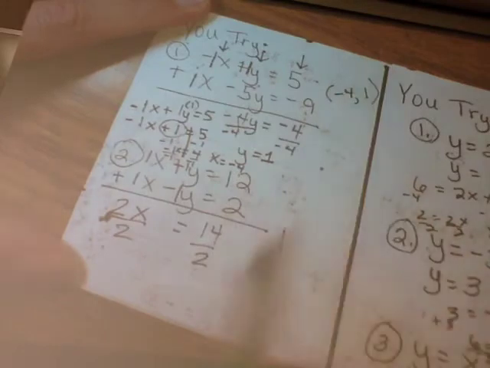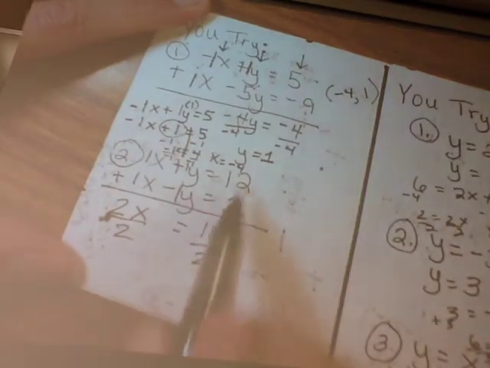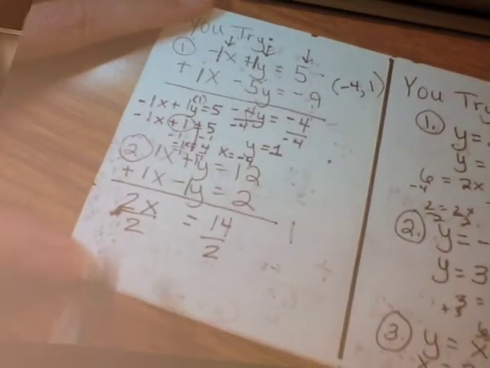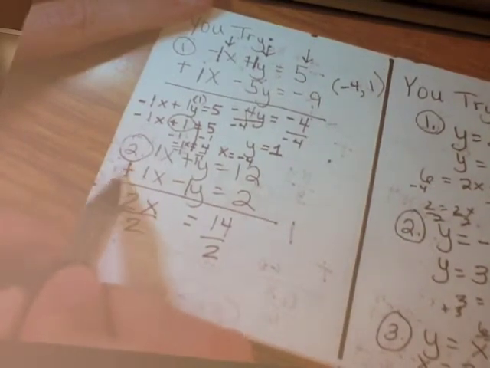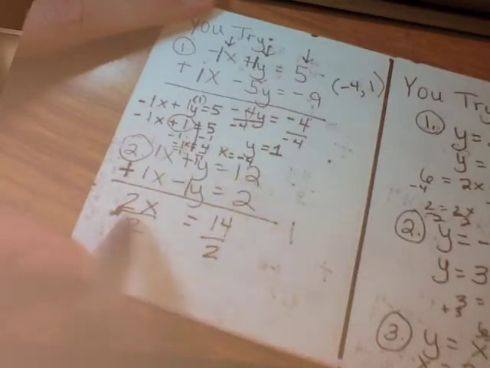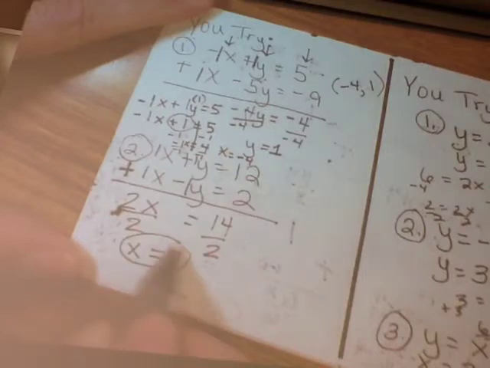That's not 1, that's 14, 12 plus 2. Both of those are positive. Everything we do, we're adding, you just gotta watch your signs. So this one turns into 2x equals 14, and then divide by 2, and x would be 7, so that's one piece of your answer.